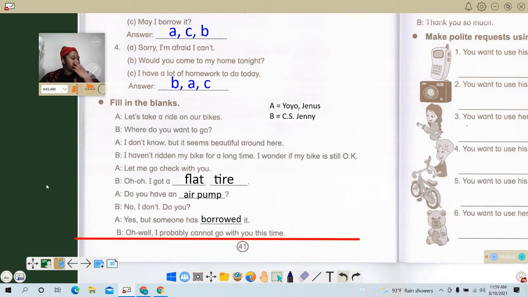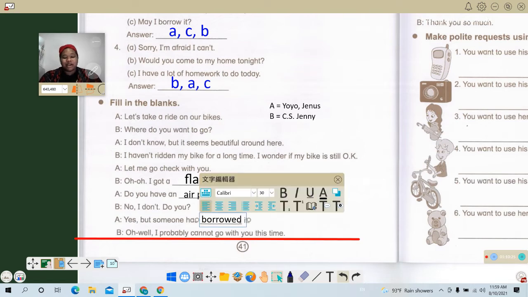Yes, Austin? Stolen. Yeah, someone also could steal it. So you can say someone has stolen it. Is there another answer? What else can happen to your air pump? So you don't have an air pump right now. Yes, Ethan.